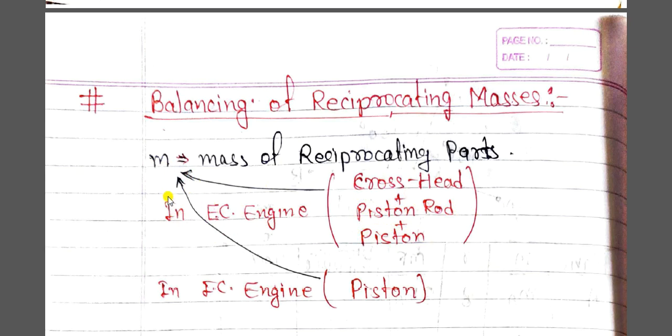If it is an internal combustion engine, the mass will be only that of the piston. In an external combustion engine, these parts all combine to make the reciprocating parts.